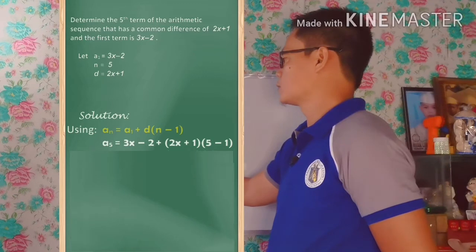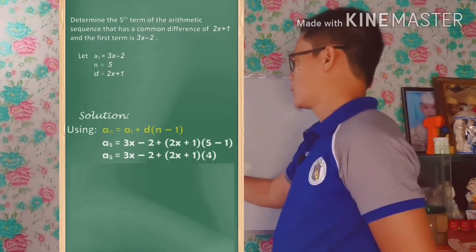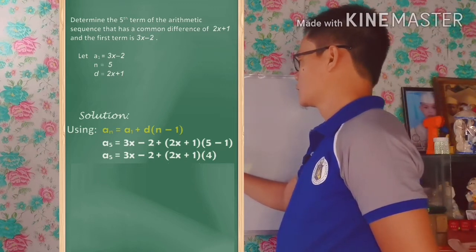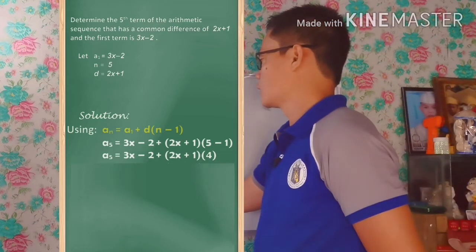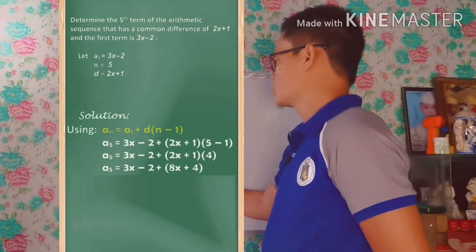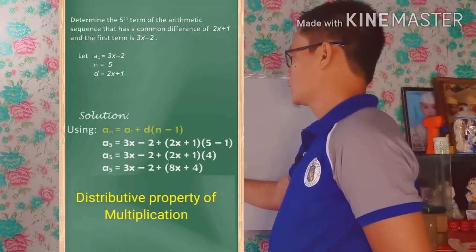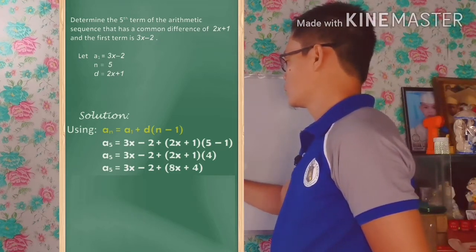We have a sub 5 equals 3x minus 2 plus 2x plus 1 multiplied by 4. So it becomes 4. A sub 5, we have 3x minus 2. By the distributive property of multiplication, we get 8x, multiplying 4 by 2x, then multiplying 4 by 1, which is 4.